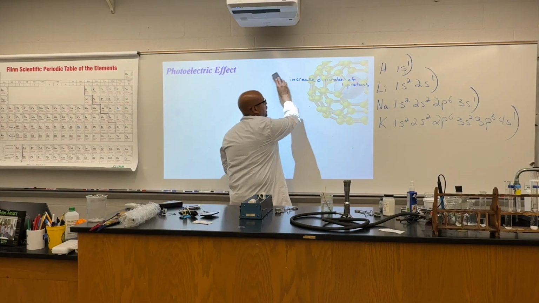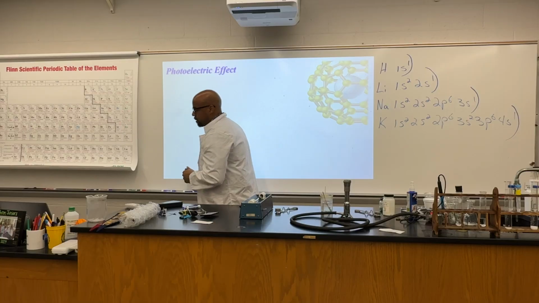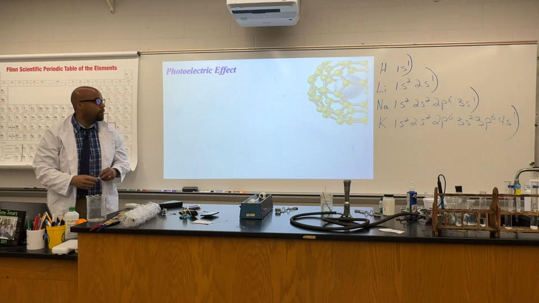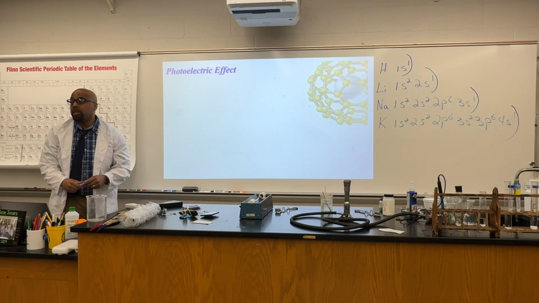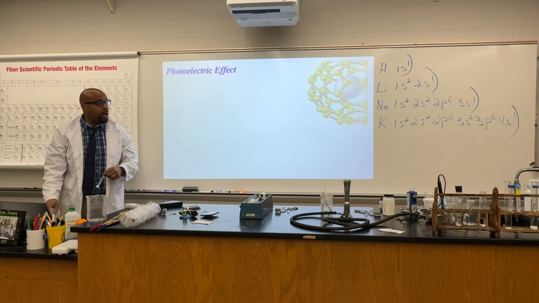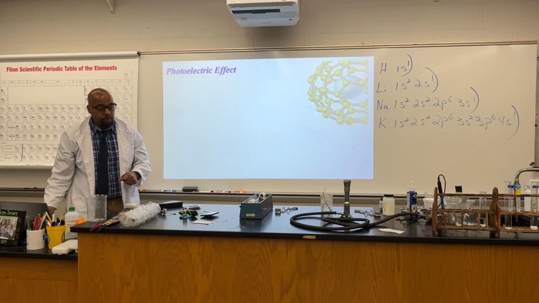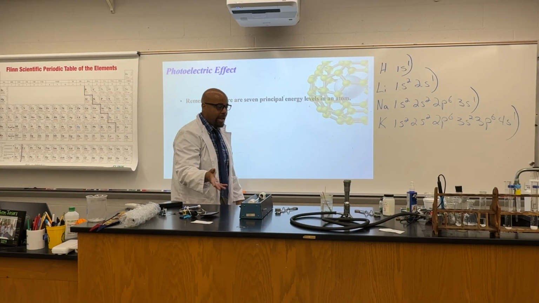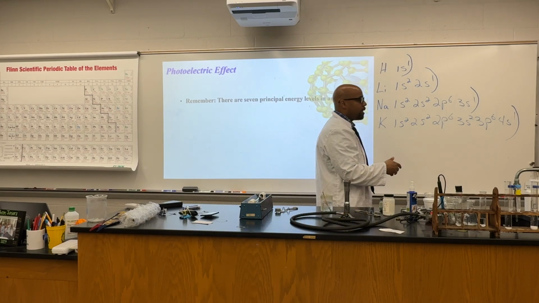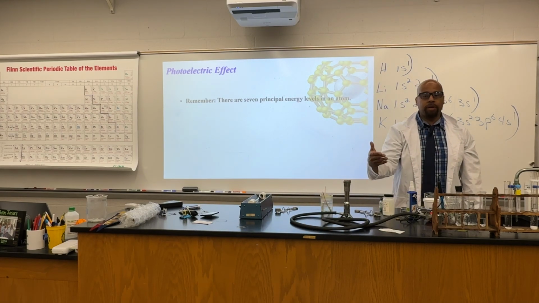Now, when you think about Einstein, he did not get his Nobel Prize for E equals mc squared. He got his Nobel Prize for what is known as the photoelectric effect. What Einstein was trying to figure out is, he knew an atom has 7 energy levels, which is the maximum number it can have.